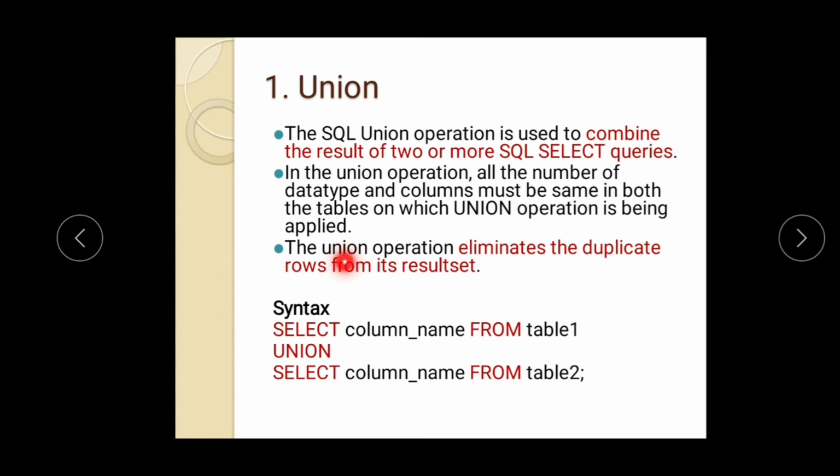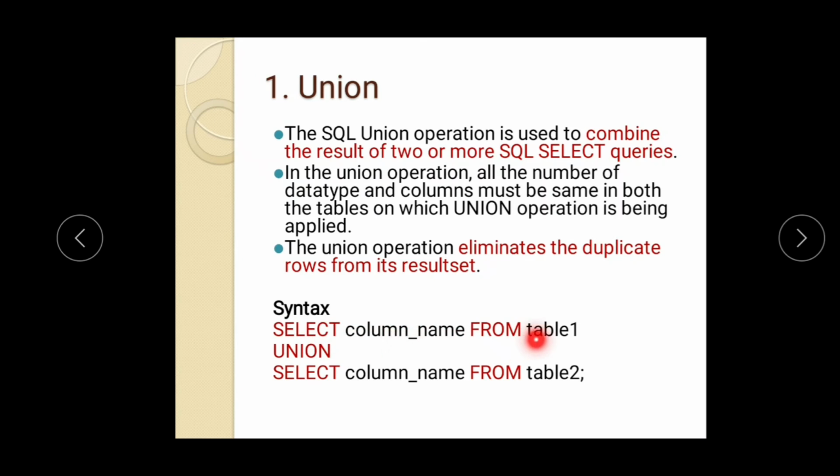The union operation eliminates duplicate rows from its result set. Another characteristic is that it eliminates duplicate rows. There may be duplicate values, and those values will be eliminated if we just give the union clause. Let us see an example.